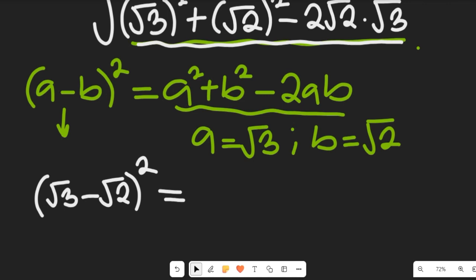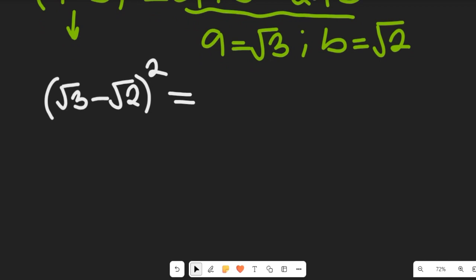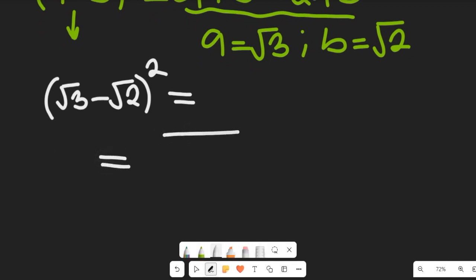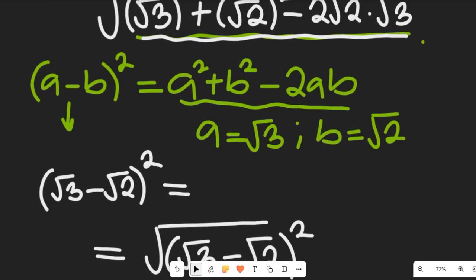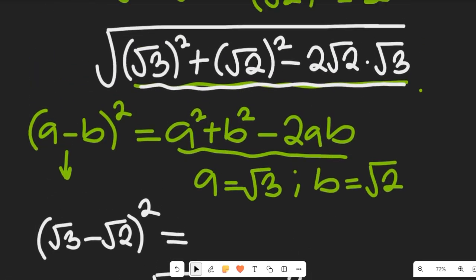So this invariably can tell us that the value of that simplification can give us the total square root of the square root of 3 minus the square root of 2 all squared.